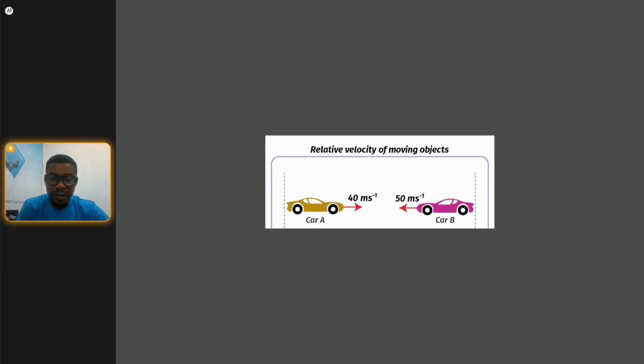The relative velocity of two bodies moving in opposite direction is the subtraction of their velocity. All right, so we have V, relative velocity, equals the subtraction of their velocity.